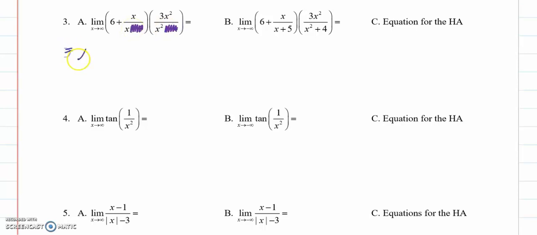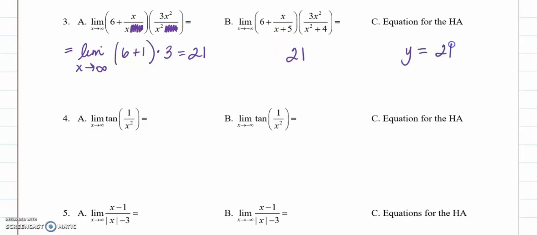So I'm going to rewrite this. This is really like 6 plus 1 times 3. And so that becomes 21. Same argument is made for b. So this is also 21. Therefore, the horizontal asymptote is 21.